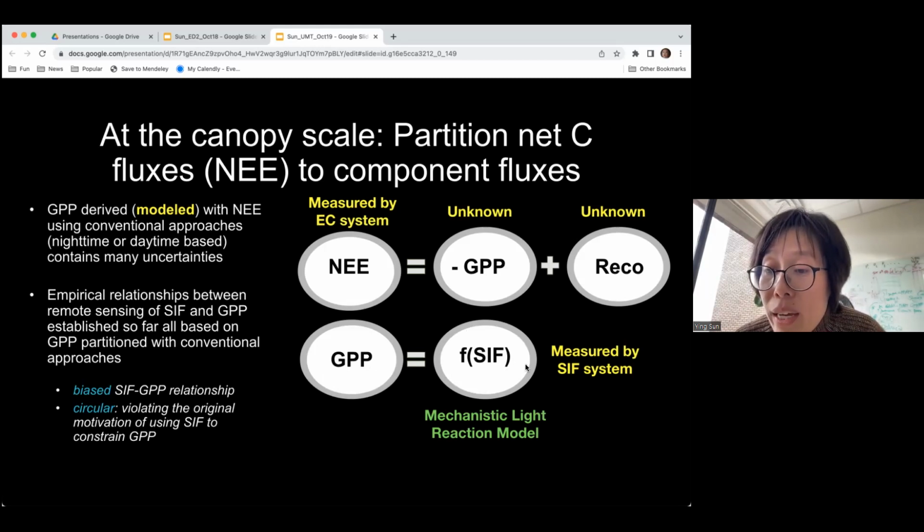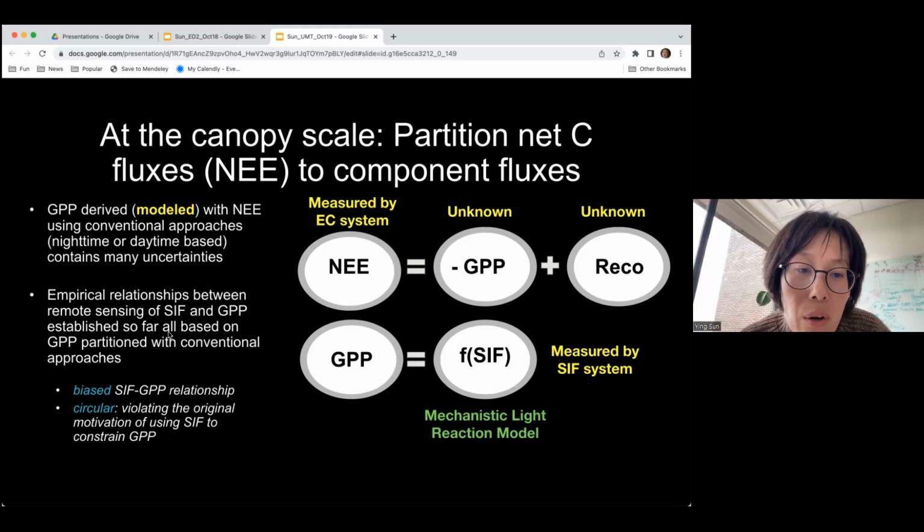If we have SIF that is directly measured by a system, and we also have a function to model it, then we basically anchor GPP with another known. Now we have two equations with two direct measurables to solve two unknowns. That's our main strategy.